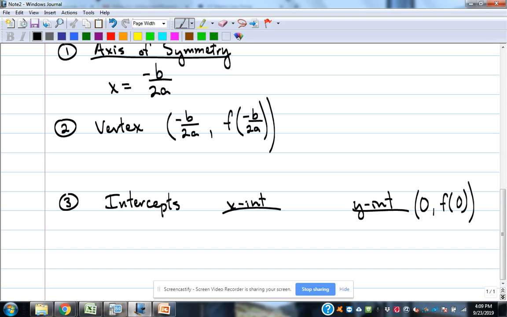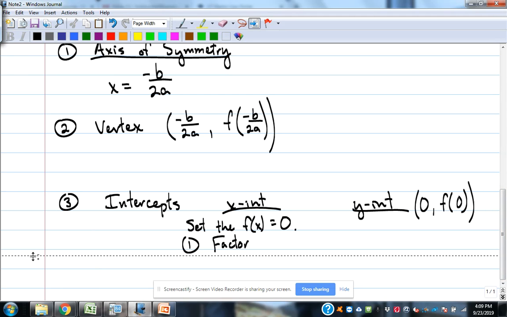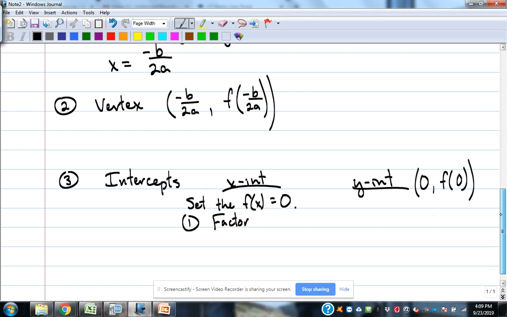X-intercepts with quadratics, there's two different ways to do this. Both of them start with set the function equal to 0. Okay, we're going to set the function equal to 0 to start off, and then we get options as far as how to solve them. One of those ways is factor, and we'll talk about factoring here in a little while and get the specifics of how to factor a quadratic.